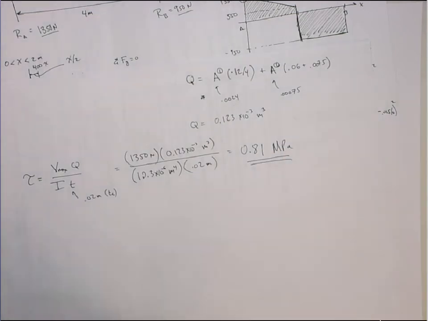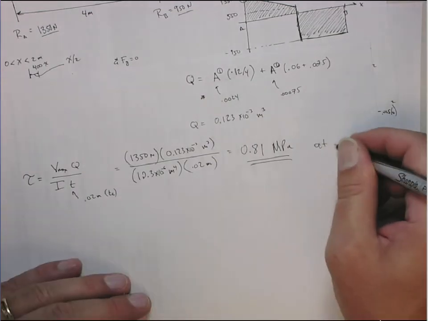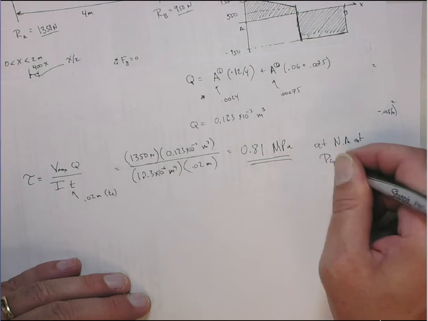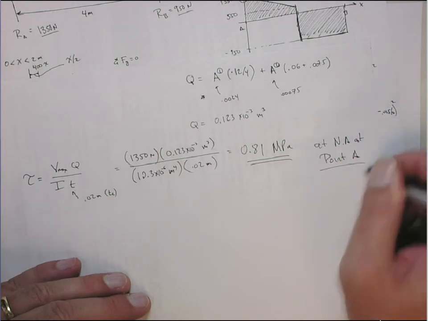That's the answer, okay? That's the maximum shear. It's at point A, at the neutral axis at point A, okay?